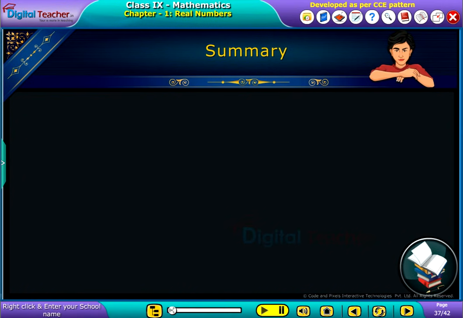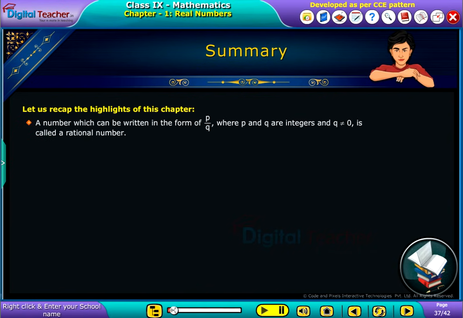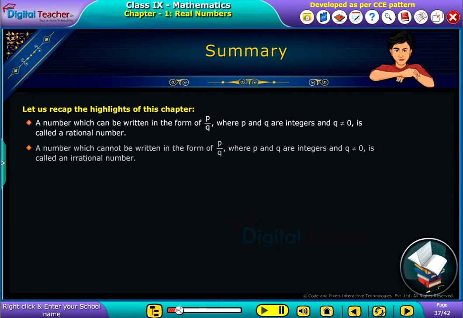Summary. Let us recap the highlights of this chapter. A number which can be written in the form p by q, where p and q are integers and q not equal to 0, is called a rational number. A number which cannot be written in the form p by q is called an irrational number.